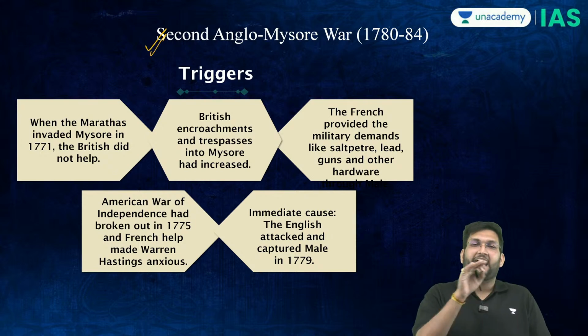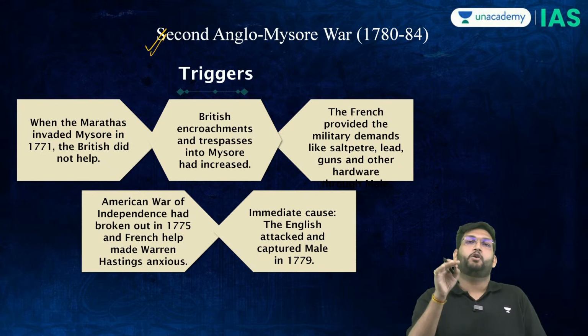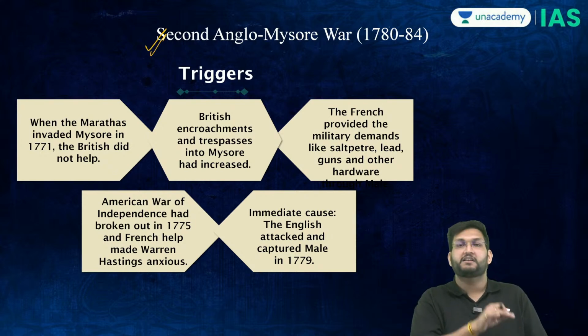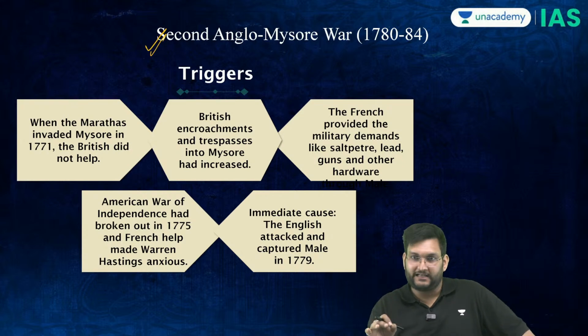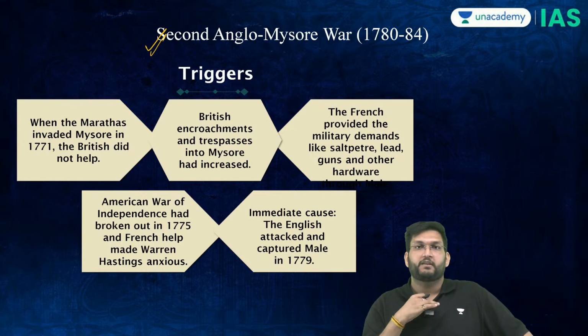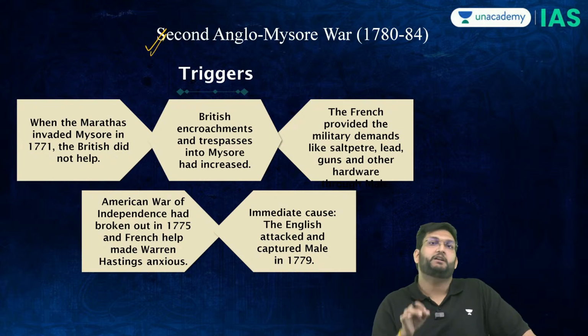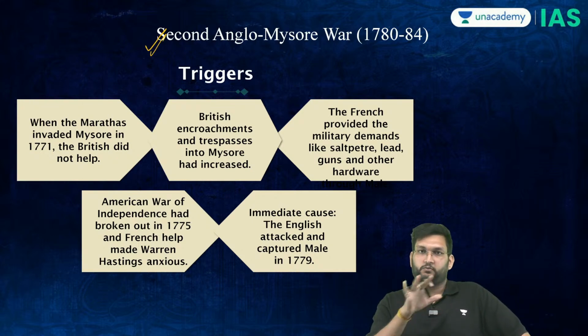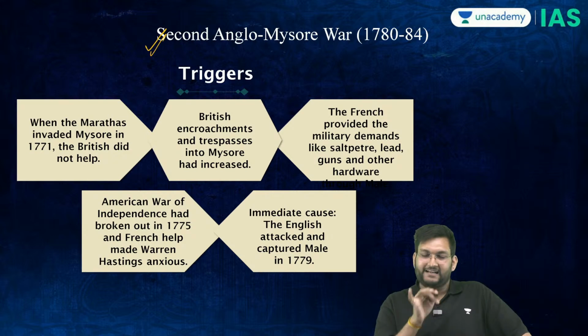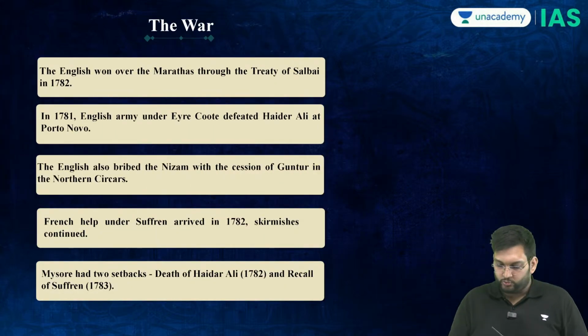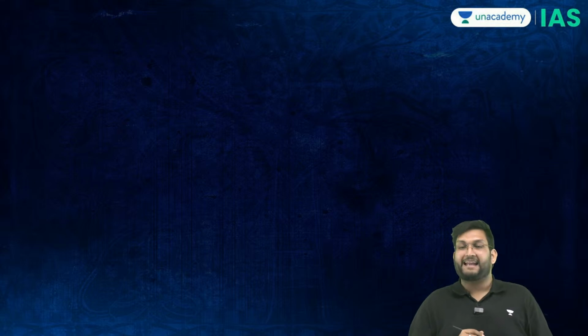But the second Anglo-Mysore War is going to end on a certain note, which is with the death of Hyder Ali in 1782. And now the son of Hyder Ali, Tipu Sultan, will come to power. Tipu Sultan will then try to manage this war properly, and they will end this war through what is called the Treaty of Mangalore.